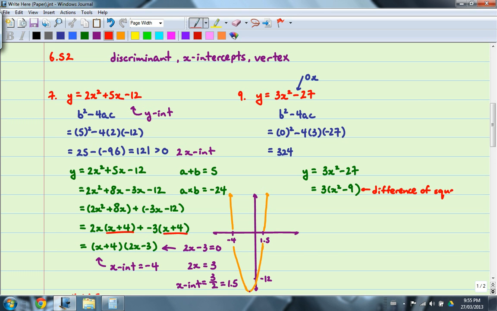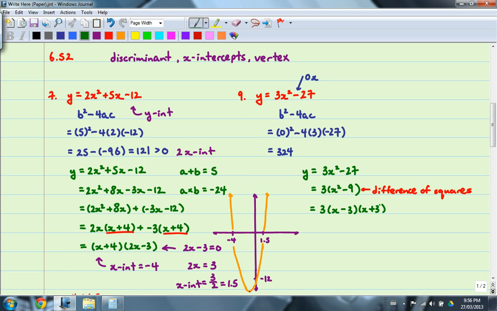And the special property of a difference of squares is that both the first term, the x squared, and the last term, the 9, will be perfect squares, and it's a difference, so that's why it's called difference of squares. And to factor it, you simply take the square root of both x squared and the 9, which will give you x and 3 respectively, and you simply have the two factors x minus 3 and x plus 3.